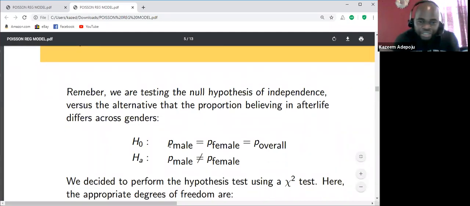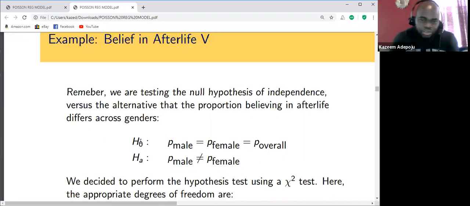Don't forget that we are testing the null hypothesis of independence, versus the alternative that the proportion believing in afterlife differs across gender. Mathematically, the null hypothesis is the proportion of male equal to the proportion of female equal to the proportion overall. That is what I'm testing.